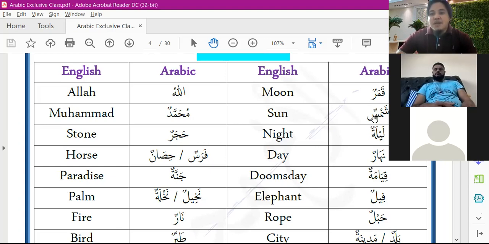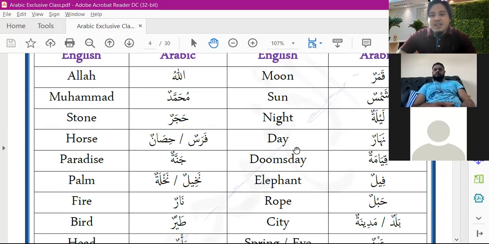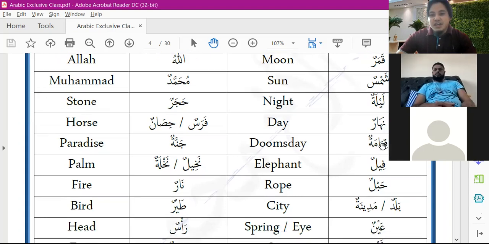So we have shamsun, sun, laylatun as night. All of these are indefinite form. Okay. You have day. Day in Arabic is nahar. Okay. Then doomsday, or we say the judgment day, qiyamah. Qaf, qiyamah. So sometimes a word will be very close to another word. Qiyamah, iqamah.